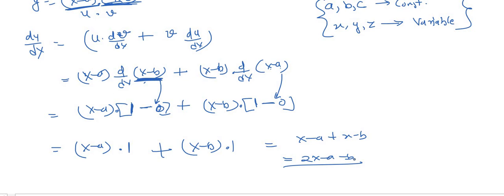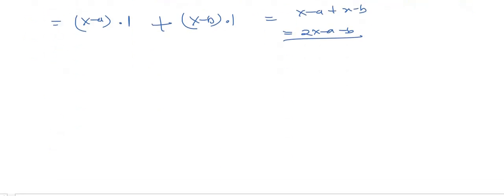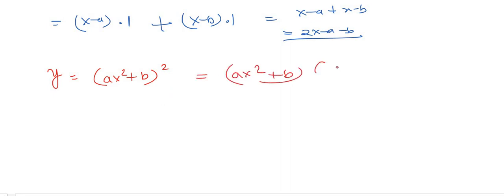Let's do the second part. The second part says y is equal to (ax square plus b) whole square. Okay, so can I write (ax square plus b) into (ax square plus b), so we can convert it into two parts, u into v method.